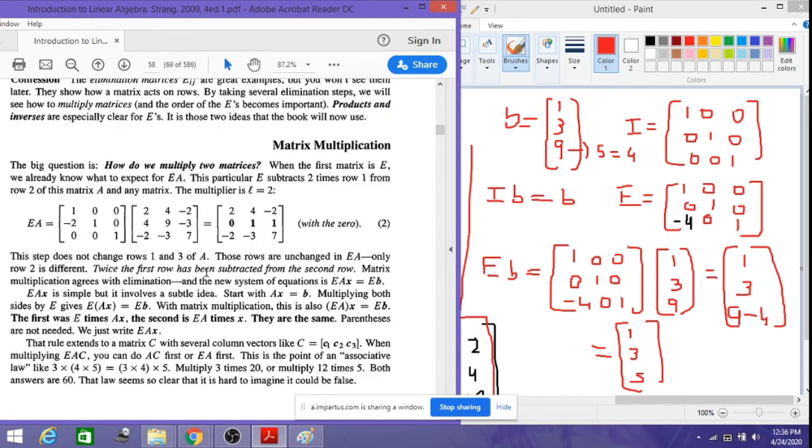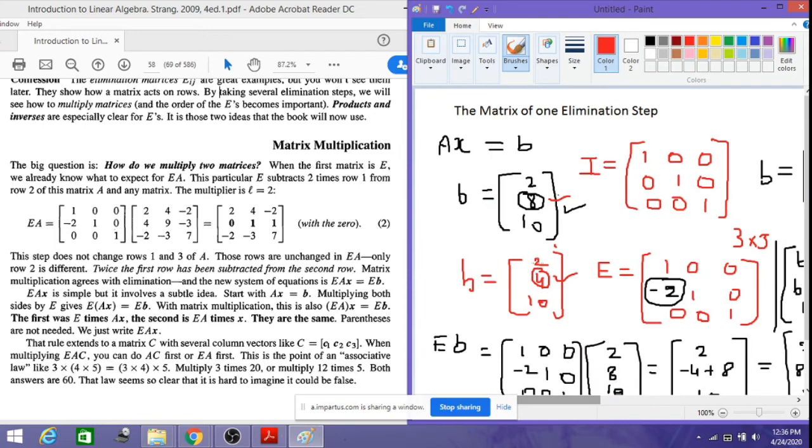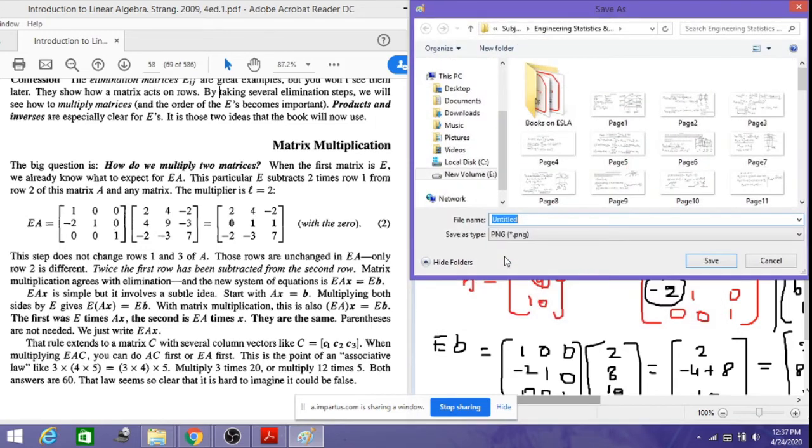Now let us look into a few techniques. Let us apply this elimination matrix to our entire coefficient matrix. Since we applied it only to the right hand side vector, now let us apply this elimination matrix to our coefficient matrix, that is A. Let us save this.